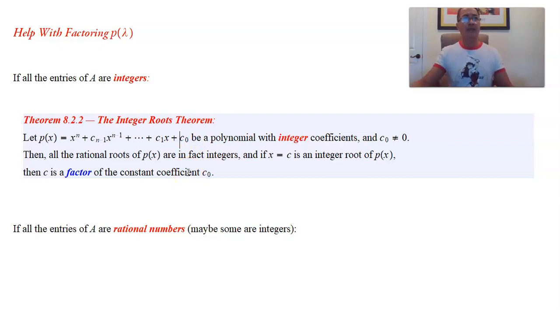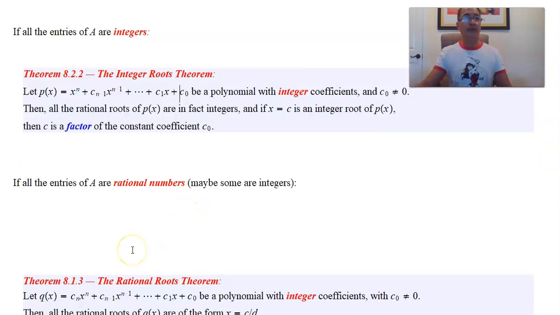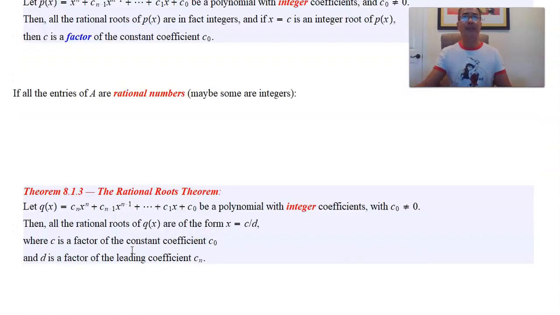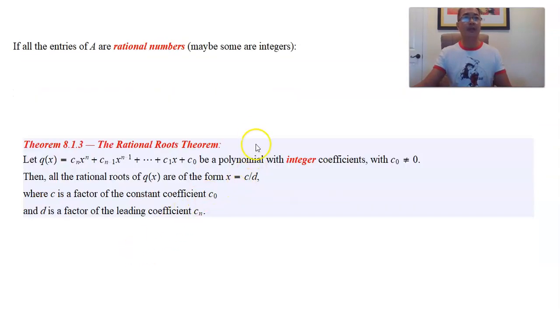Now what happens if you have a matrix where the entries are rational numbers? Maybe some of them are integers. Well, again, you're going to expand, but this time you might have denominators in some terms.